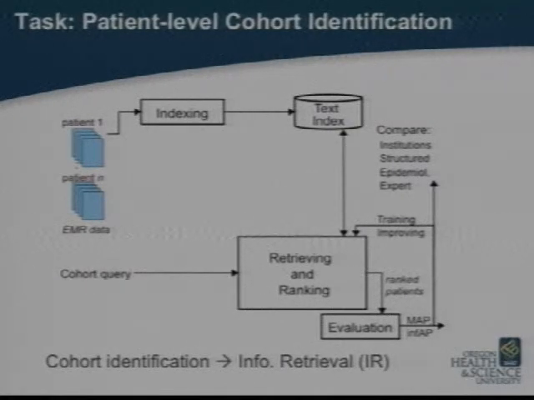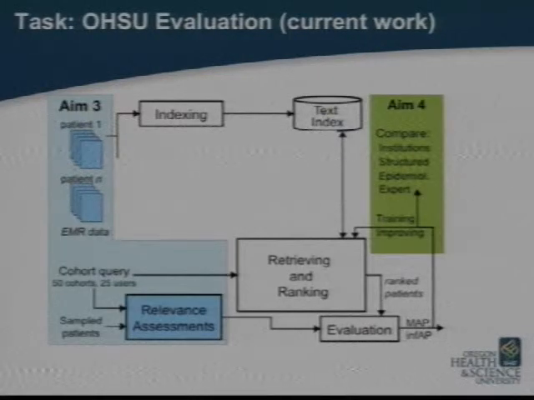Now, the stuff surrounding this task is going to be 2 parts of a grant that I have here with Bill as my collaborator, where we are putting together the evaluation framework. We're putting together some of the stuff around making this happen.